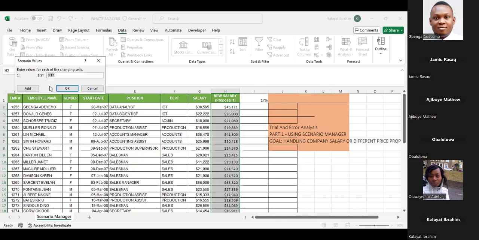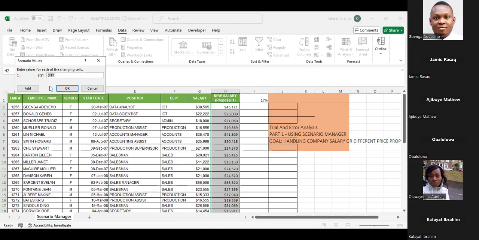Now 10% in decimal is what, Mr. Jami? 0.1. 10% in decimal is what? 0.1. Are you sure it's 0.1? Okay, 0.1, no problem. Put it there.